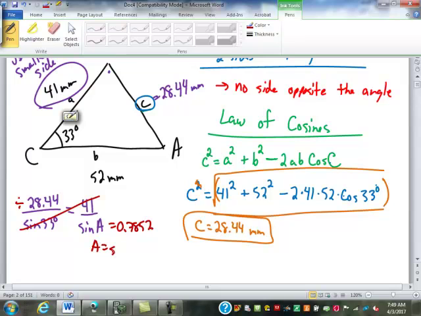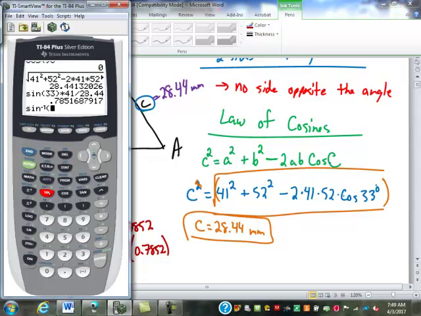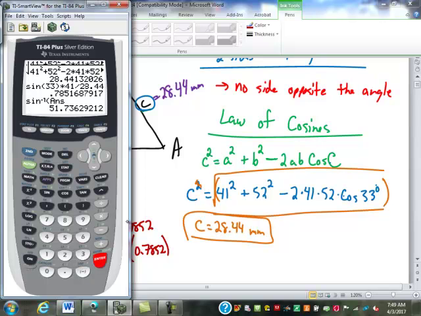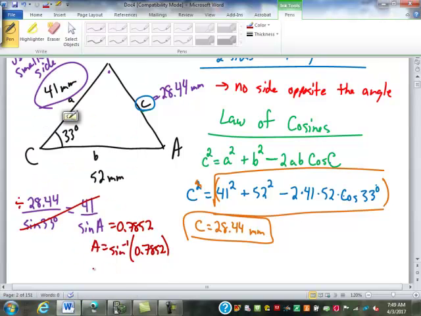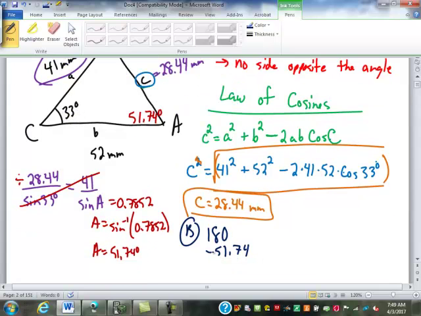So A is going to be the inverse sine of that, 51.74 degrees. So now I can find angle B by doing 180 minus 51.74 minus 33.